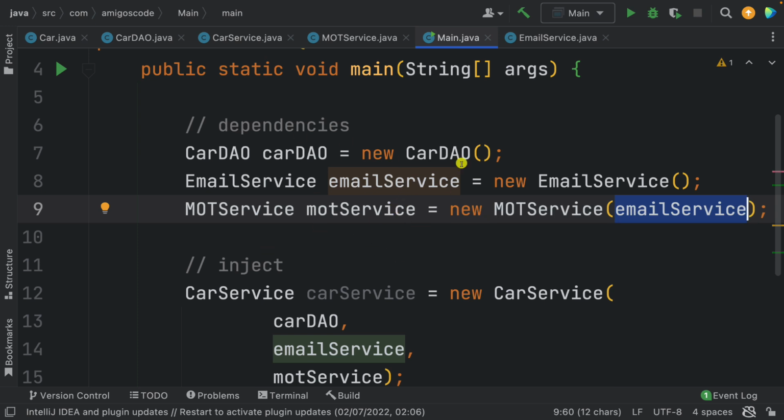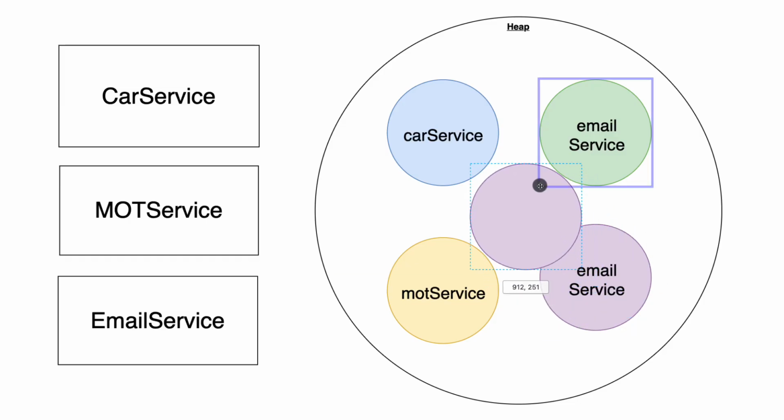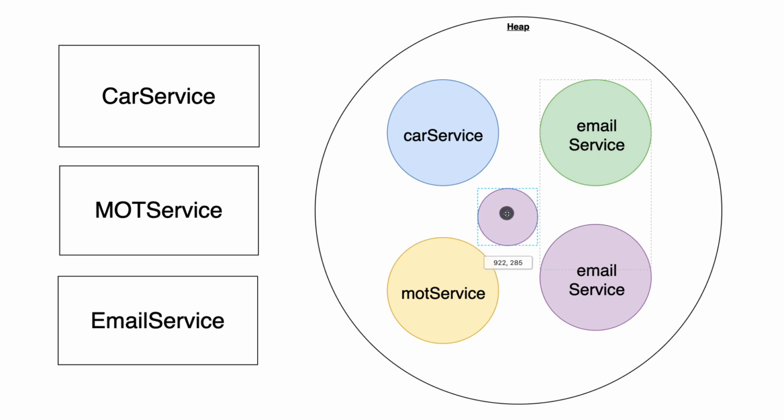So maybe you don't want to do this and you actually want to create new instances of the classes where they are used. But then you have the issue of having duplicate instances within the heap. And if you create a bunch of instances, so let's say that this is the email service, again here, and eventually the heap will be full and you basically have a Stack Overflow error, right?